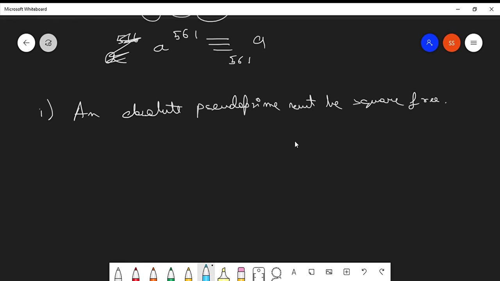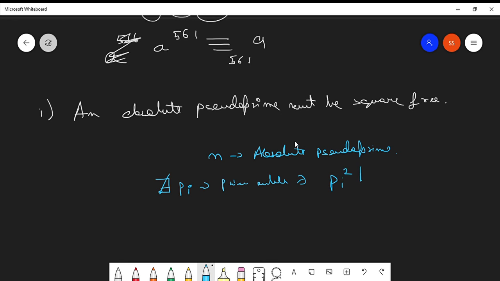If n is an absolute pseudo prime, then there exists no prime pi such that pi square divides n. There is no even-times repeating factor, or basically there is no repeating prime factor of n. Got it? So this is a very important property of absolute pseudo primes.